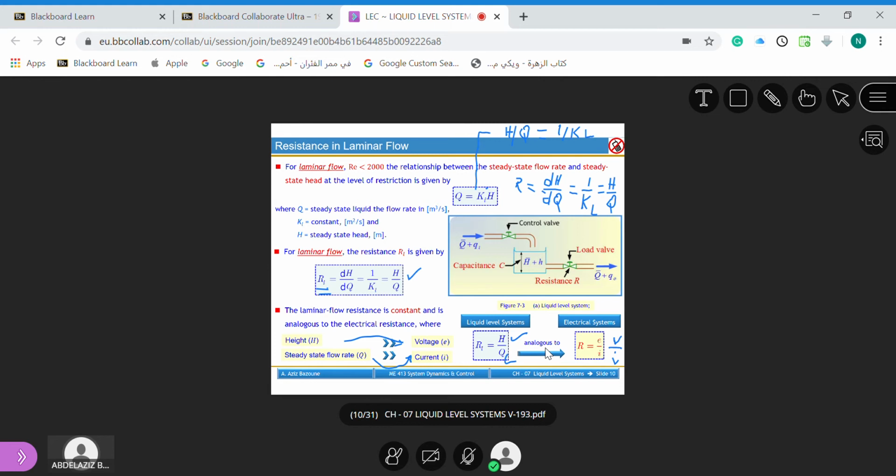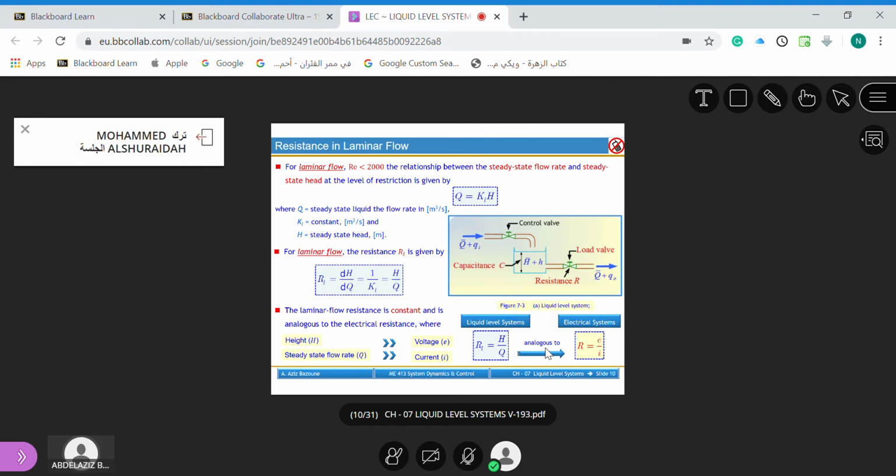If you look here, R is given by H over Q. When you compare this expression to the electrical system, you will see that R in the electrical system represents R in the liquid level system, H in the liquid level system represents the voltage, and I in the electrical system represents Q. This is just an observation. If you compare, this is what you will find. Is it clear?